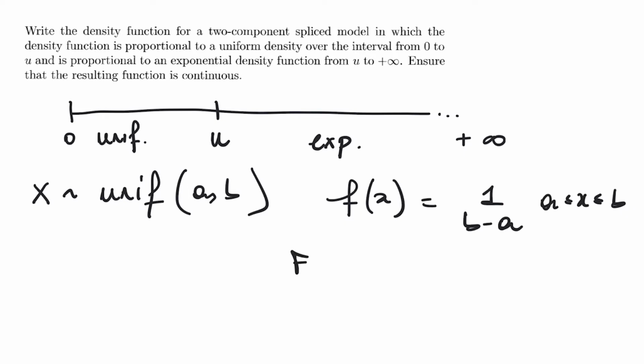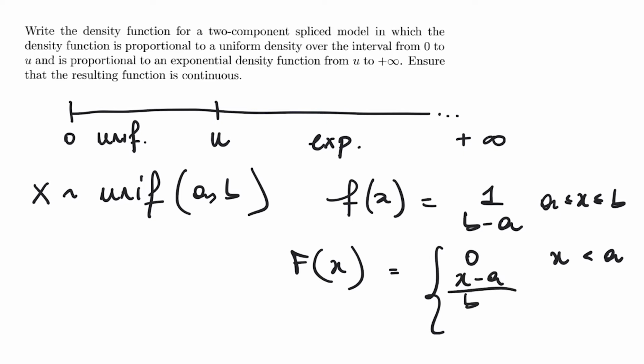And the cumulative distribution function is equal to 0 for x strictly smaller than a, is equal to x minus a divided by b minus a for x in between a and b, and is 1 for x strictly larger than b.